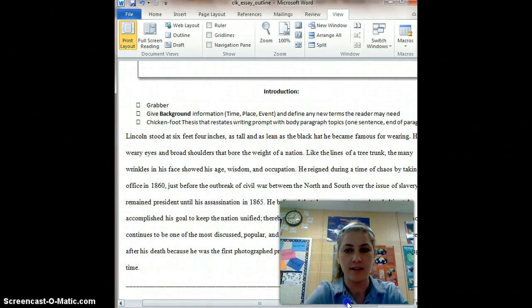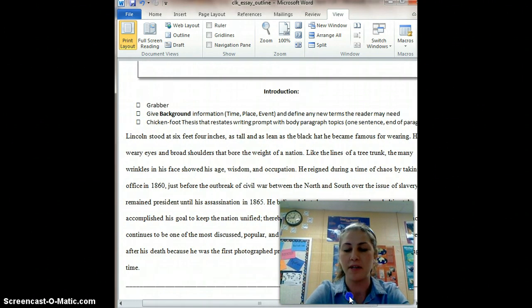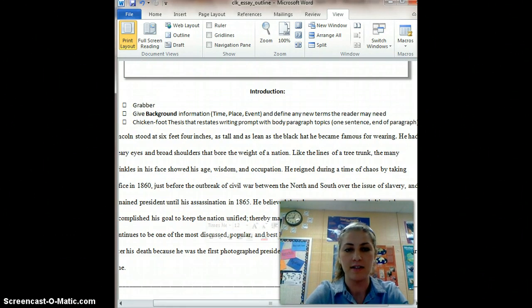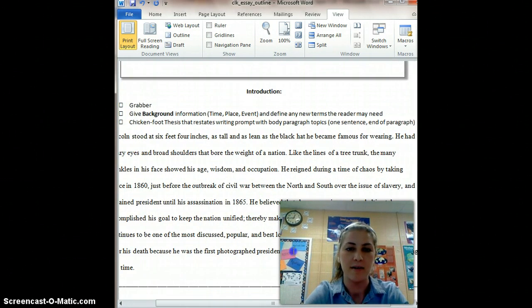So, my thesis is, "Lincoln continues to be one of the most discussed, popular, and best-loved presidents in American history 150 years after his death because he was the first photographed president, he ended slavery, and he was a president during wartime." I added the "he" in there so that it's parallelism.